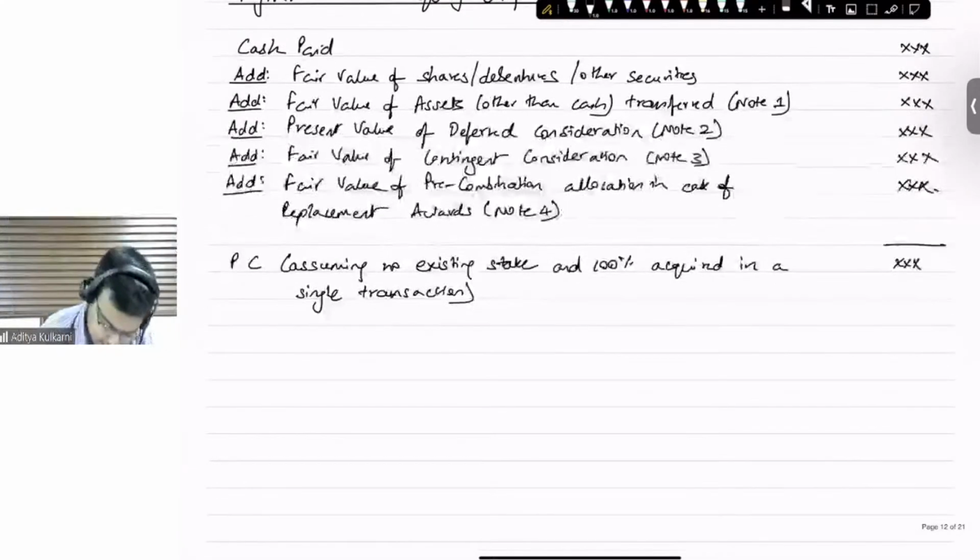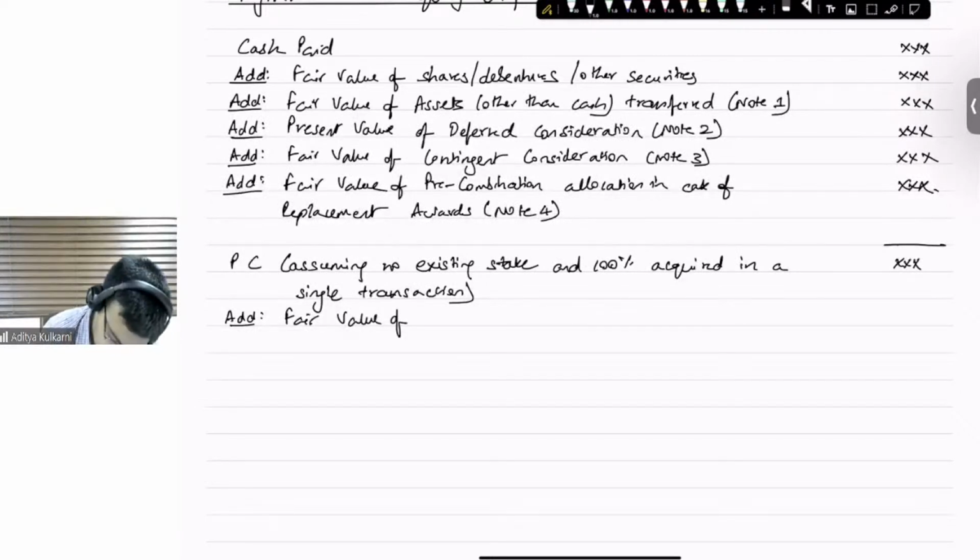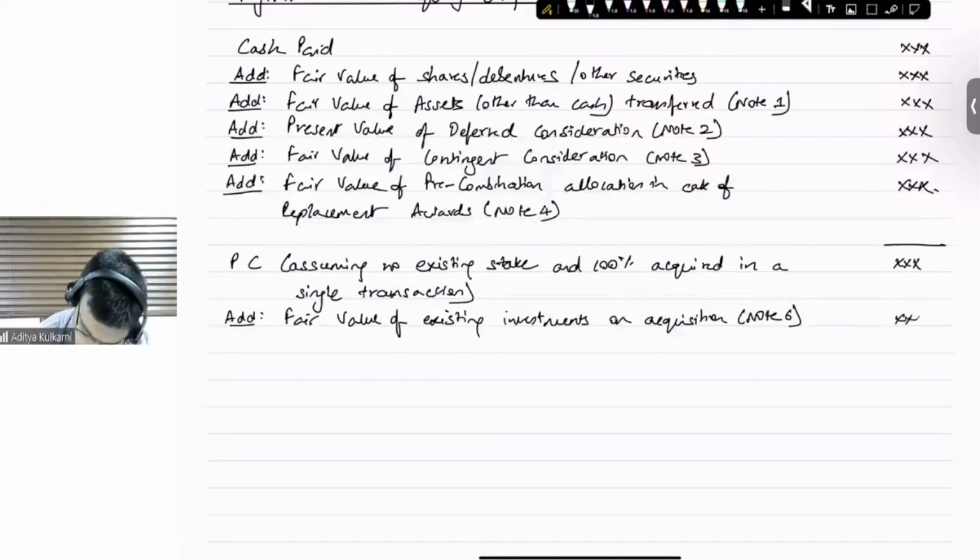This would be the PC. But now you have acquired it in tranches. So add fair value of existing investments on acquisition. Note 6.